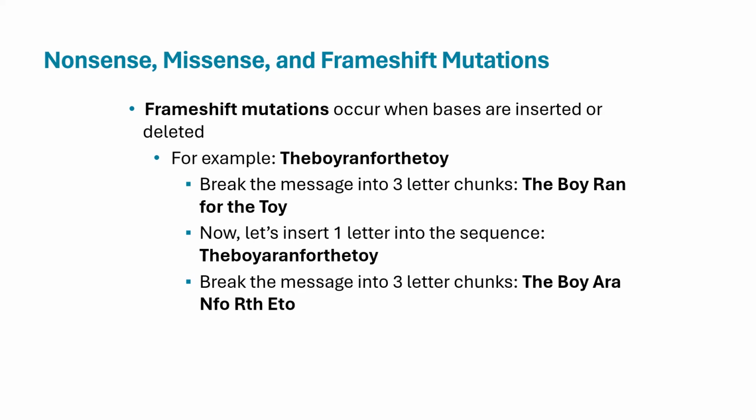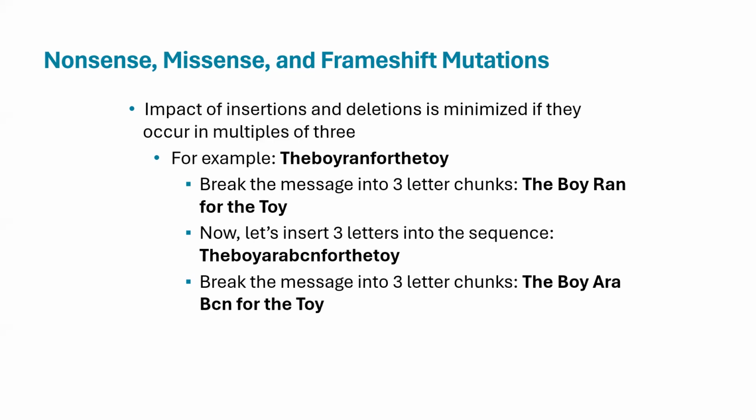And so that's what happens when we cause a frame shift. That can happen either by insertion or deletion. Now, if you do an insertion of 3, then you can reduce the overall negative effect.